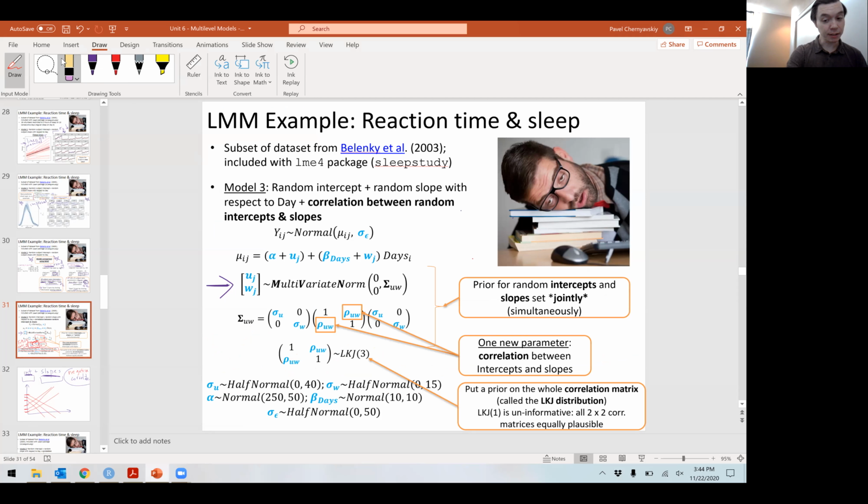And that's not what I'm using here. But LKJ 1 is used because it basically assigns equal prior probability to all correlation matrices of that dimension. We saw the mean was an identity matrix, and an LKJ 1 assigns equal prior probability, in my case, to all 2x2 correlation matrices. That's kind of powerful. That's very uninformative.